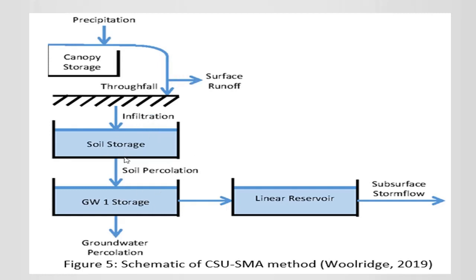Now, from that soil store, we can also get water percolating into a first groundwater level, groundwater 1 storage, which would mimic fractured bedrock and interflow. That water can come out of soil storage and flow as interflow, subsurface flow by linear reservoir baseflow in HEC-HMS, and return to the stream, or it can percolate out into deep groundwater, the groundwater 2 level, which is a loss to the system.